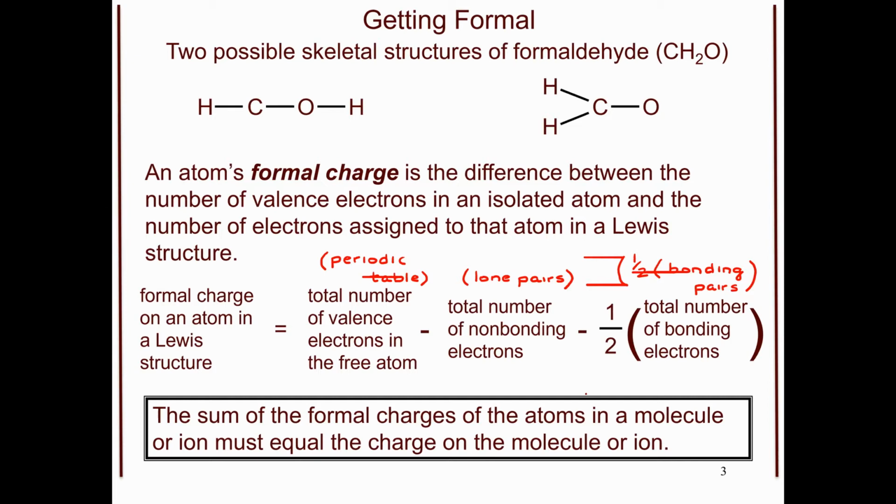So if we are working with something, let's say that we have CO3 2-, our overall molecule at the end must have a -2 charge, and that must be distributed over the molecule in some way. That can also be true if we look at a molecule such as NO3 1-, our nitrate anion. We would have one atom holding on to that -1 charge.